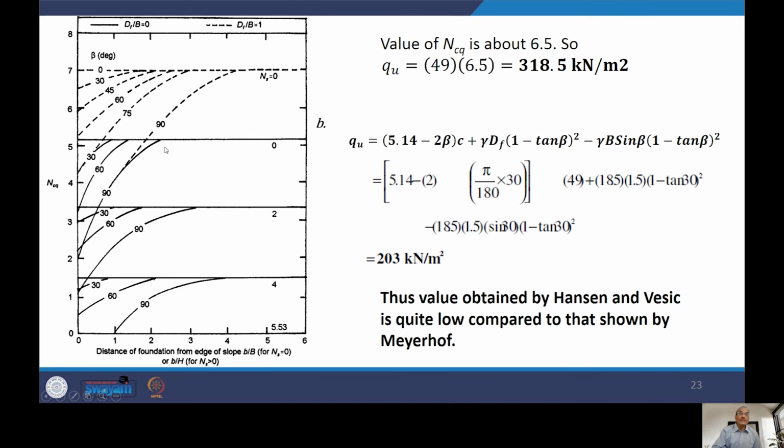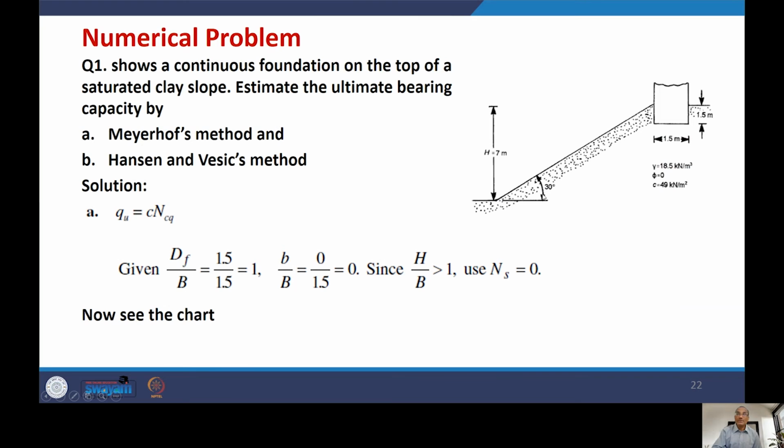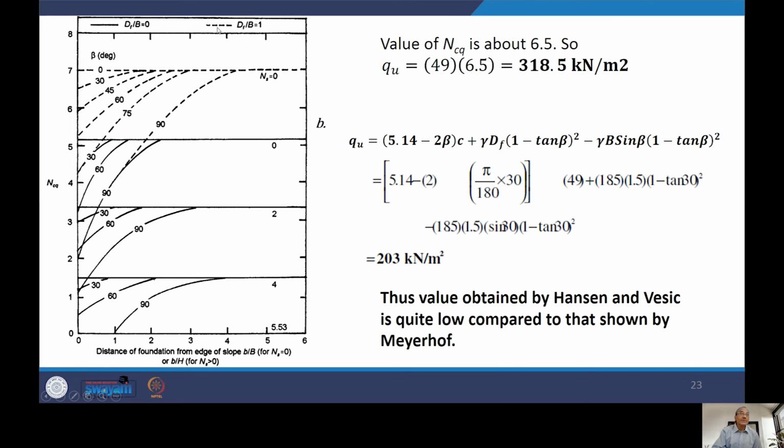Because beta, the slope angle, is given as 30 degree, when beta is 30 degree, the dotted line is for Df by B equal to 1. This is the line here. For this line, we pick up 30 degree and Df by B equal to 1. When b by B equals 0, this line gives you the value here of about 6.5.